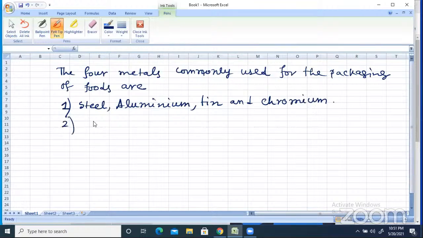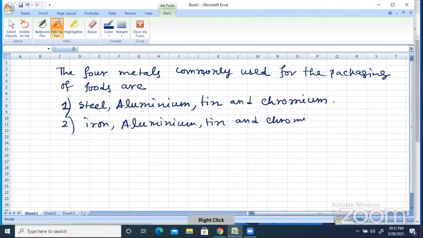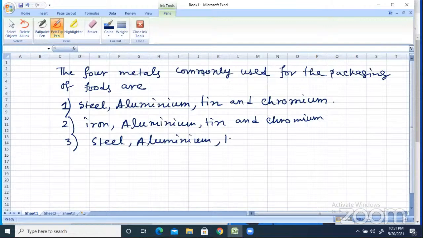Number 2, iron, aluminium, tin, and chromium. Number 3, steel, aluminium, tin, and iron.